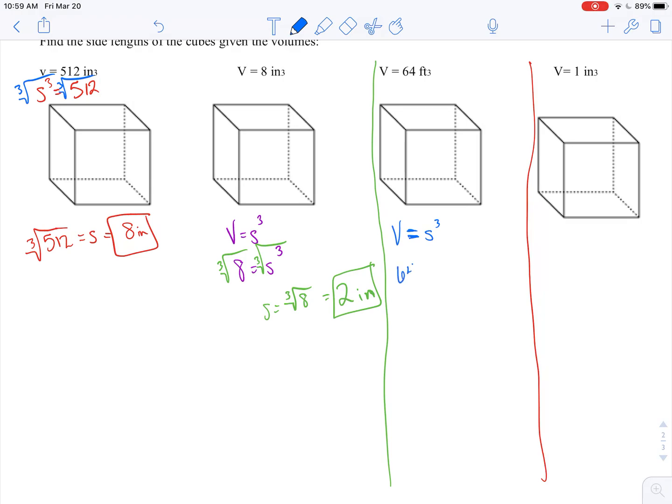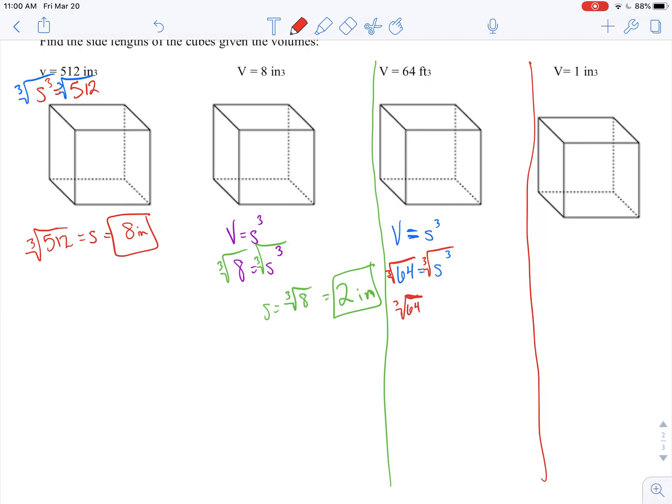So, if the volume is side cubed, if 64 is whatever my side length is to the third power, well then, how do I get that s by itself? How do I get rid of that exponent? Well, the opposite of cubing a number is what?